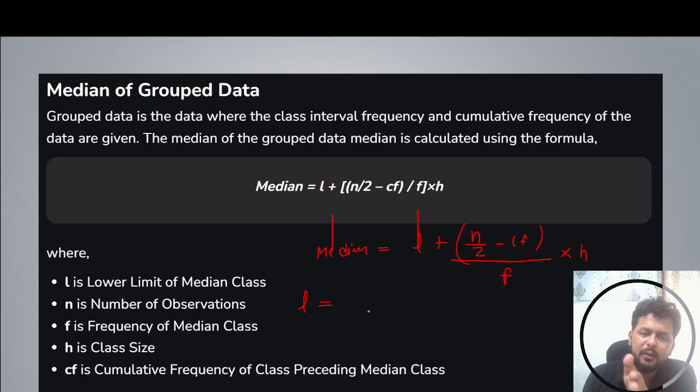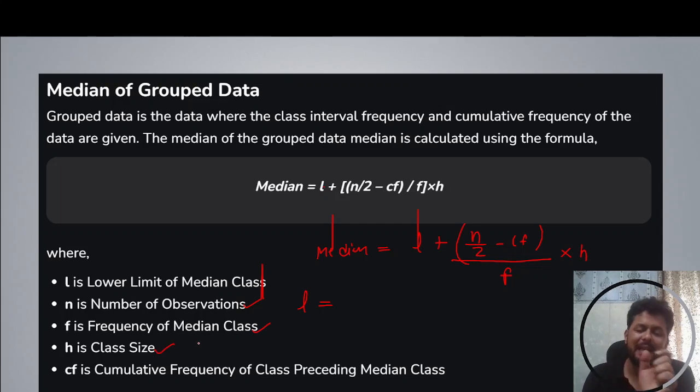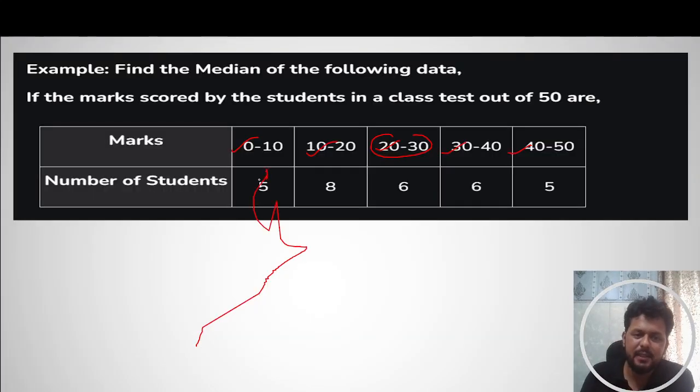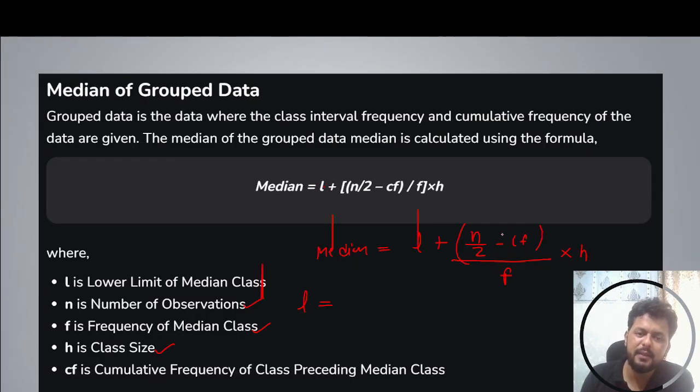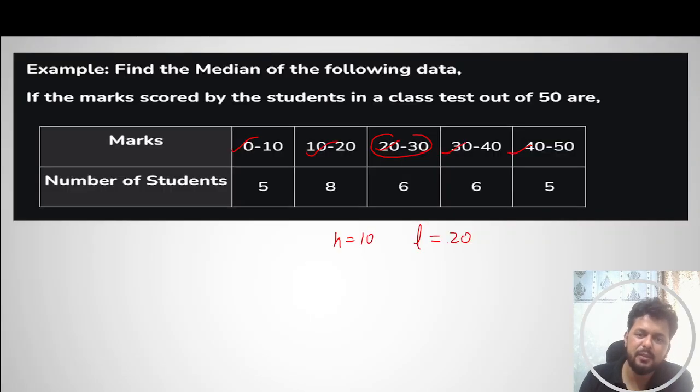N is the number of observations. F is the frequency of that class. H is the class size, which in this case is 10. F is the frequency of the median class, and it is also given to you.